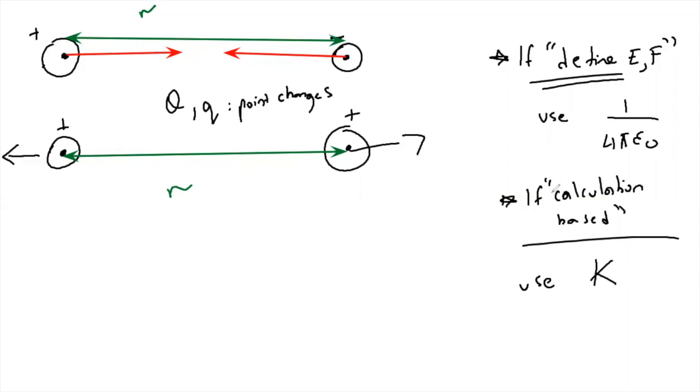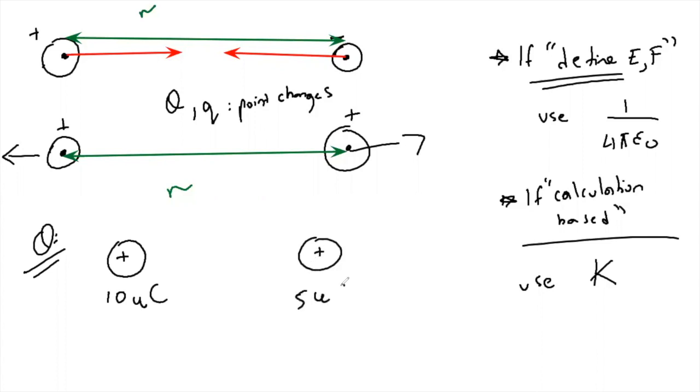All right, I'm going to give you a question and you're going to do it by tomorrow. We're going to discuss this tomorrow. So we have 2 charges. This is 10 microcoulombs. This is 5 microcoulombs.